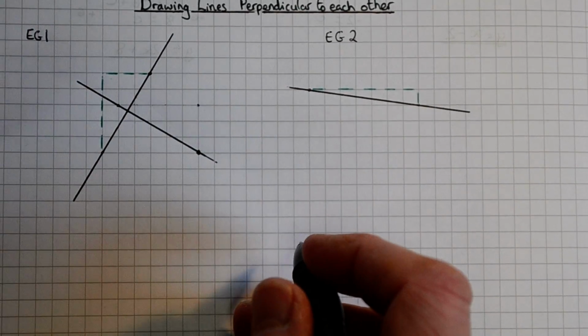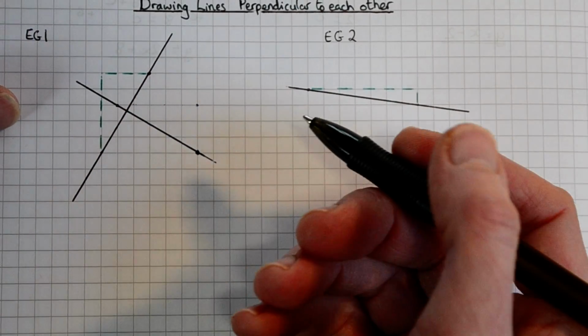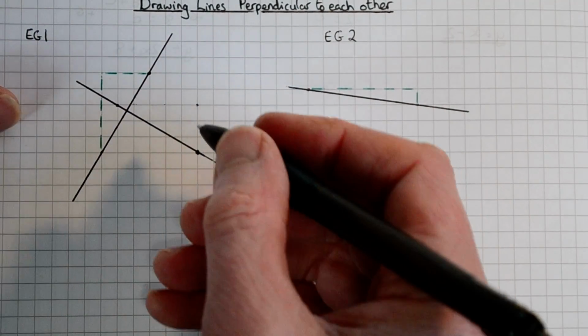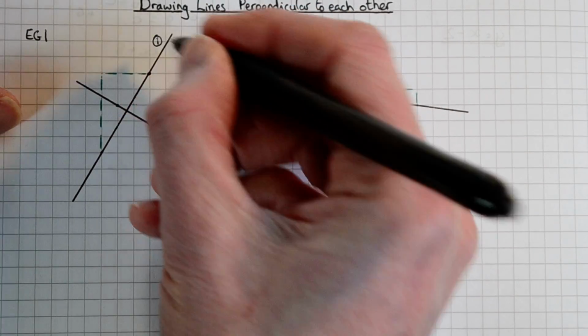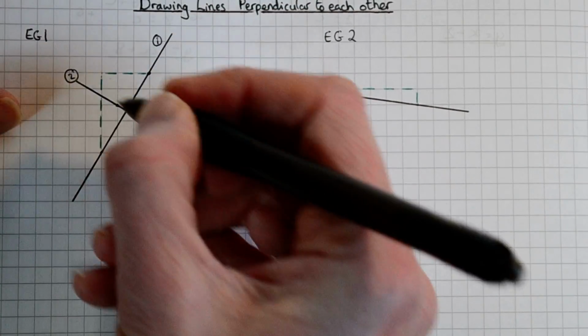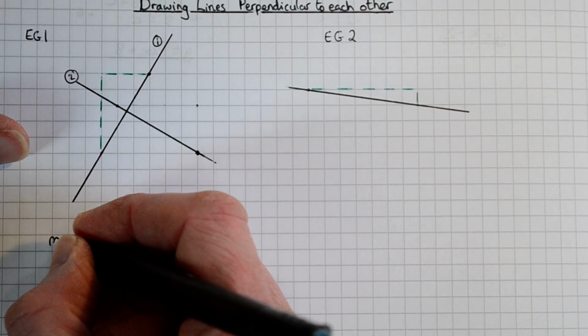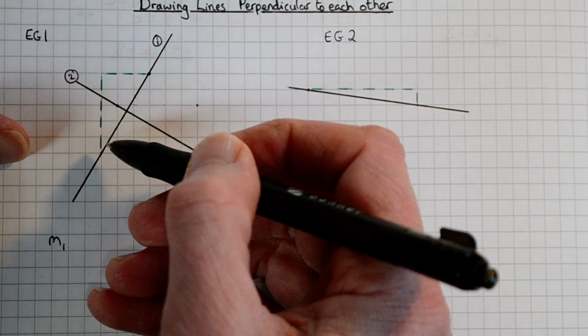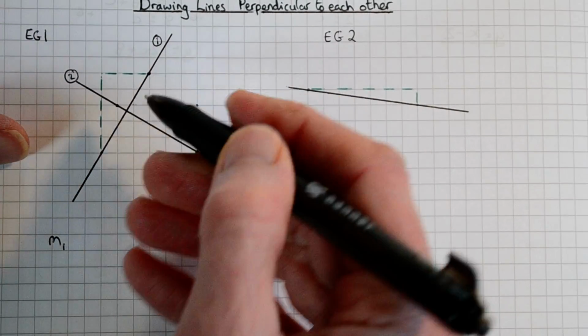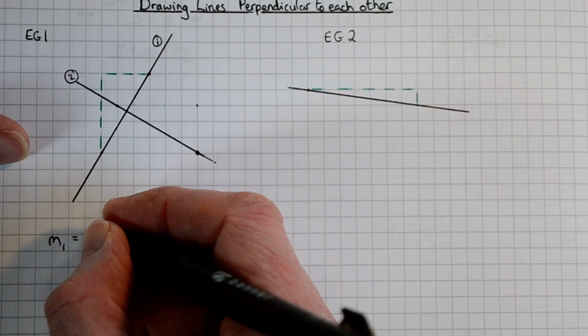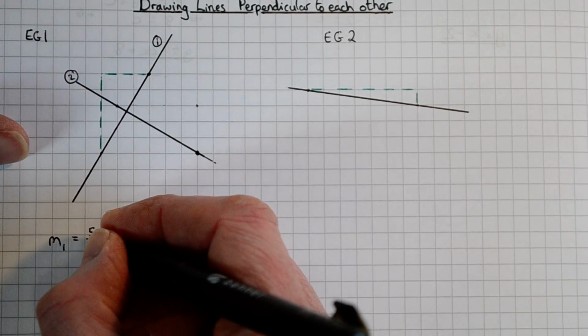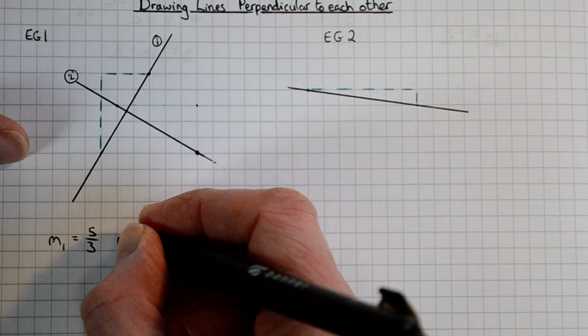Just to finish off though, for this one, let's check what those two gradients are. If this is line 1 and this is our second line, the gradient of line 1 is rise over run, so that's 5 over 3, just leave it like that.